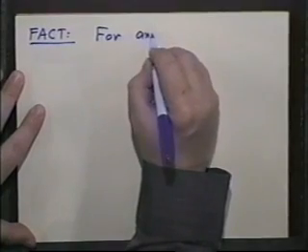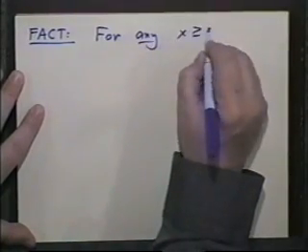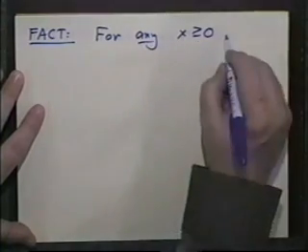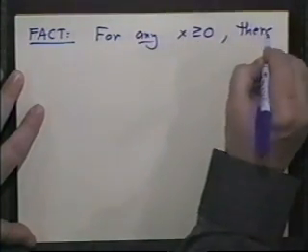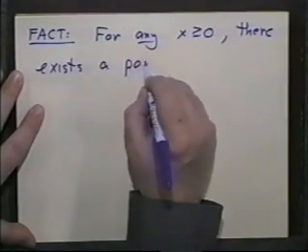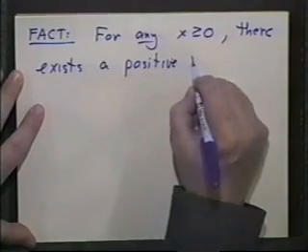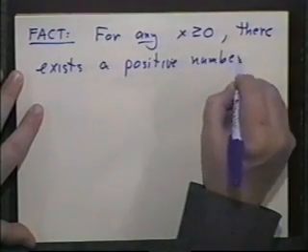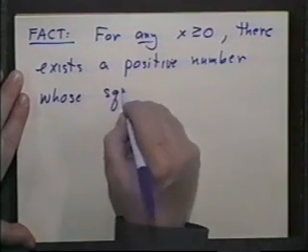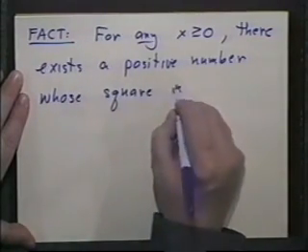For any x greater than or equal to 0, so any real number that is either 0 or positive, there exists a positive number whose square is x.